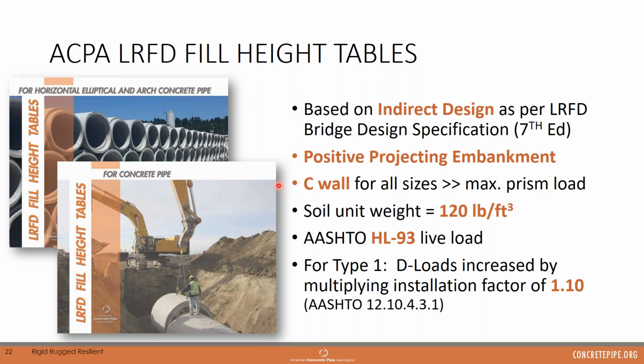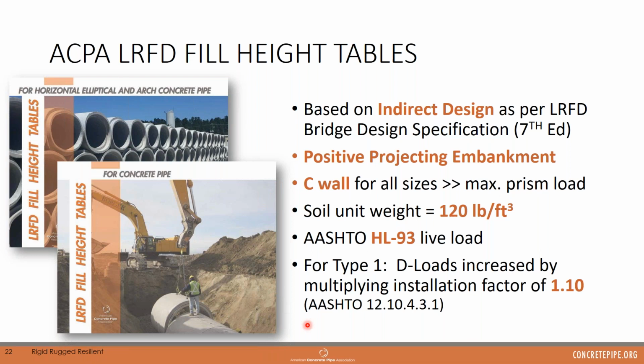And so by doing that, you're maximizing the earth load or the prism load on the pipe because you're using the biggest outside diameter available out there. It uses a soil weight of 120 pounds per cubic foot. The HL93 truck.